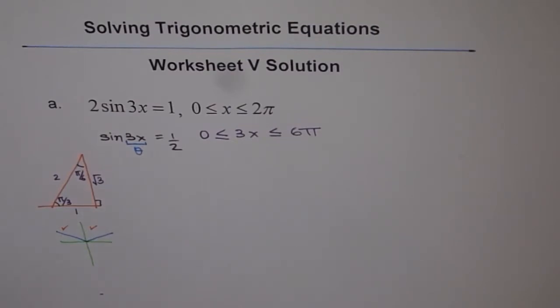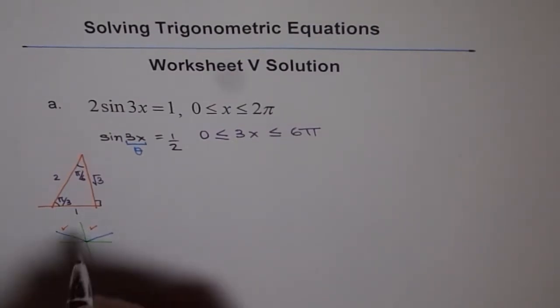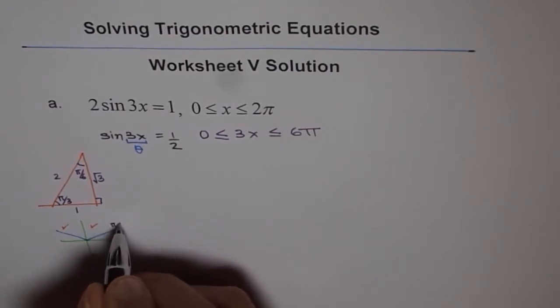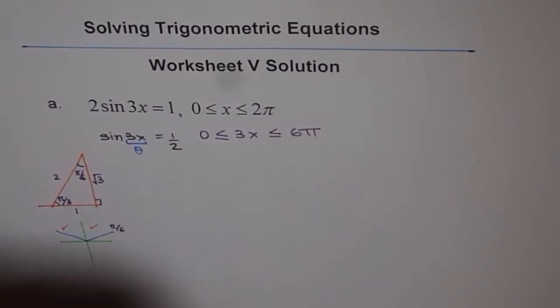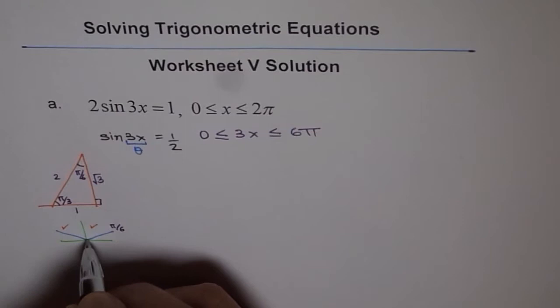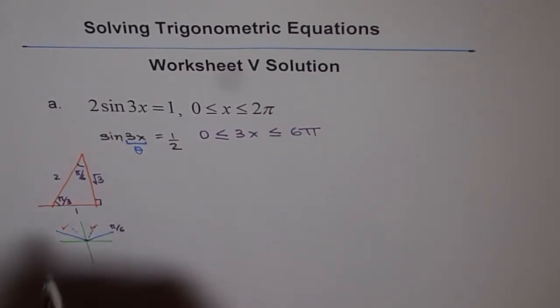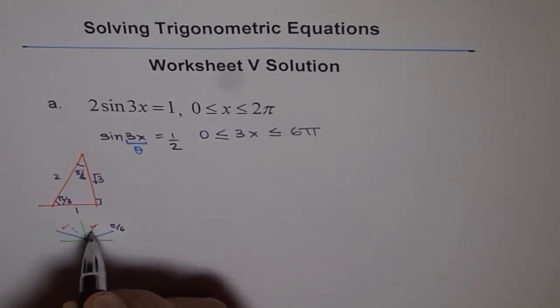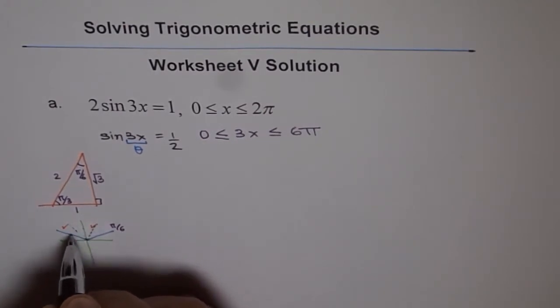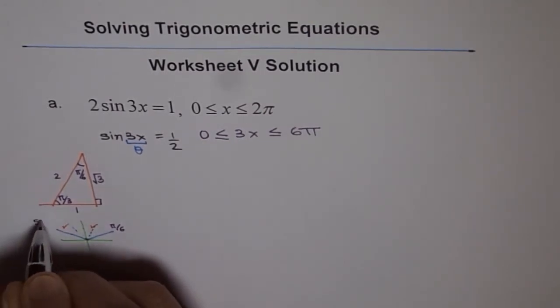So those of you who just wrote these answers, which are pi by 6, when it is pi by 6, then there are 3 portions here and 3 here, right? So 1 pi by 6, 2 pi by 6, 3 pi by 6, 4 pi by 6, and 5 pi by 6.